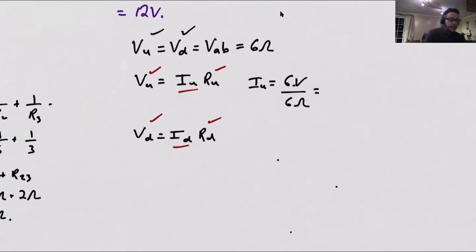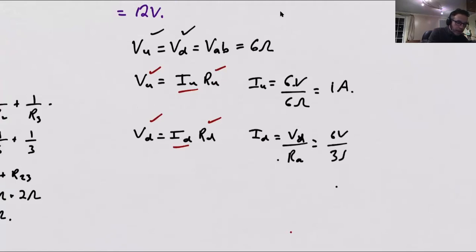And what do we get? 1 amp goes up. I down is going to be V down divided by R down, which is 6 volts divided by 3 ohms, which is 2 amps. And what do you know?